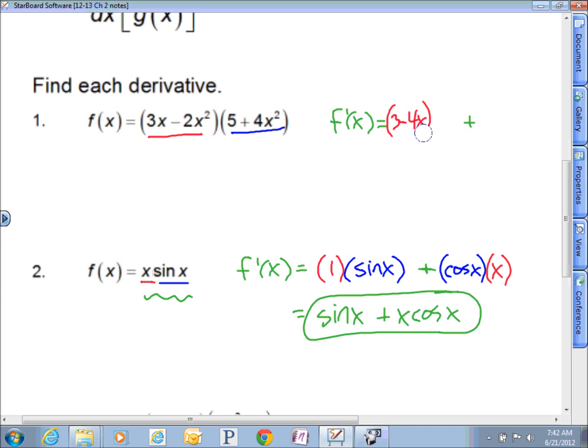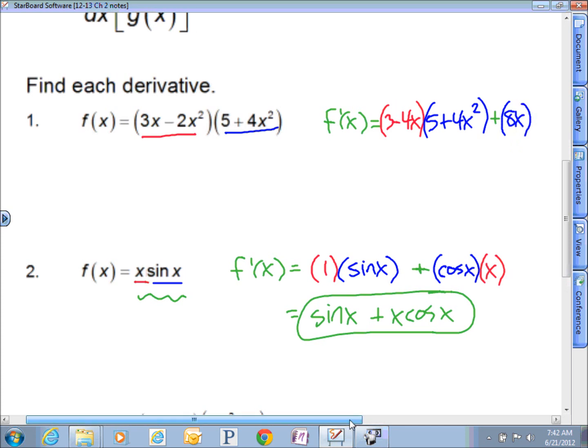The rest of the original would be the blue function, 5 plus 4x squared, plus, okay, now let's look at the other part of the function. The derivative of the blue function would be 8x, and I'd multiply that by the rest of the original.